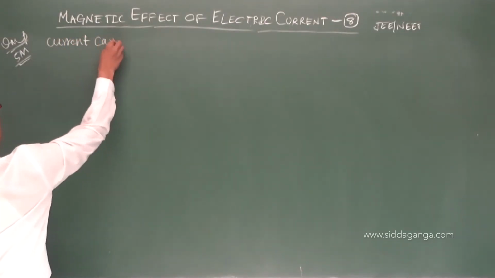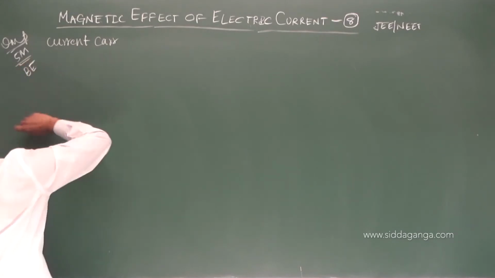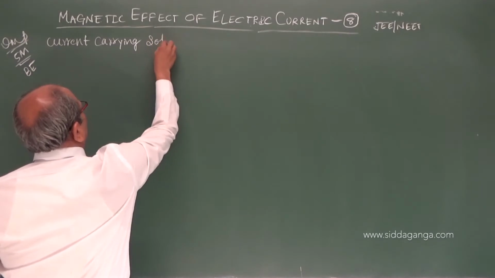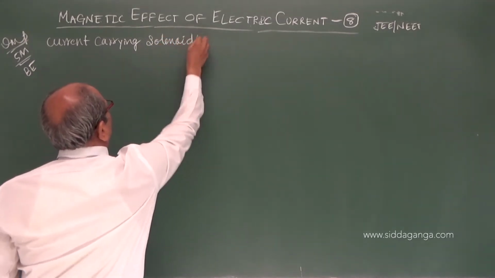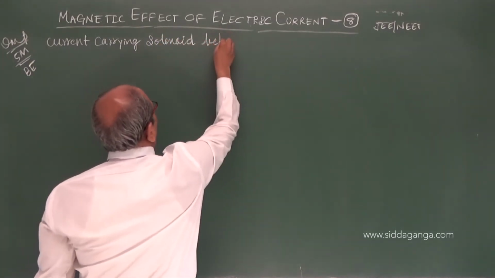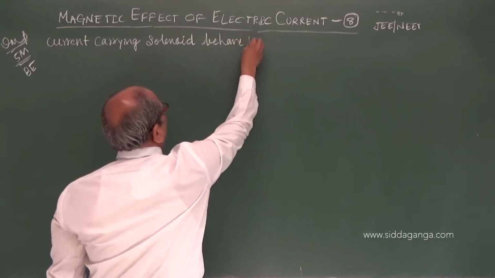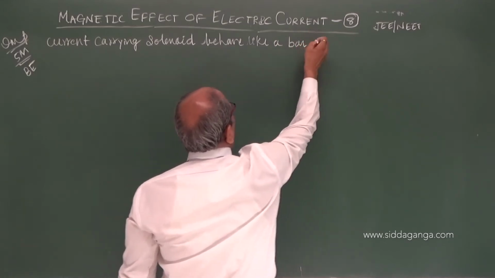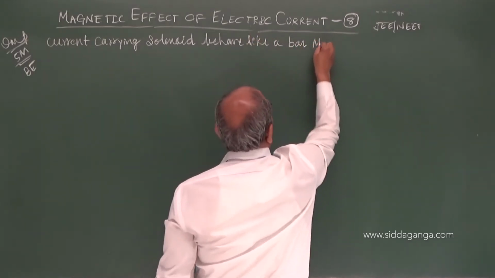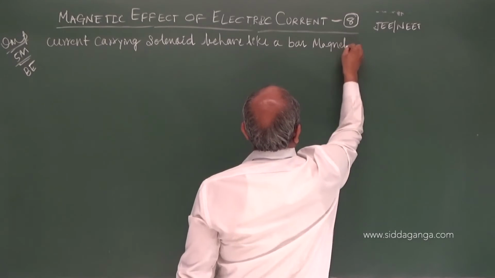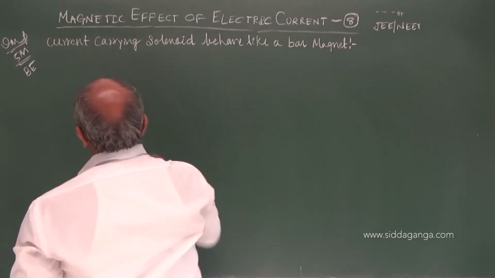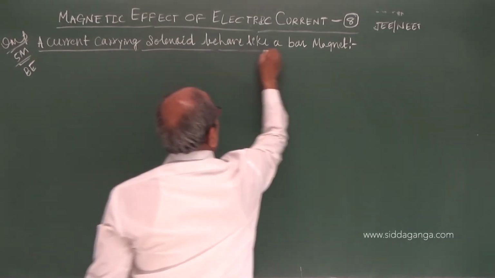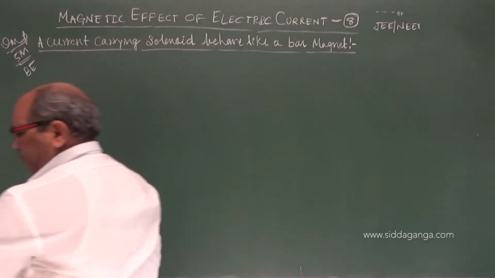A current carrying solenoid behaves like a bar magnet.